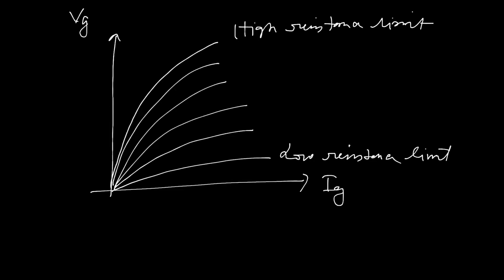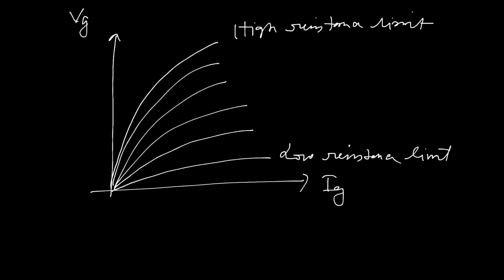Okay, so we can say the gate characteristics of the thyristor cannot be above the high resistance limit, as well as the gate characteristics of the thyristor cannot be below the low resistance limit.